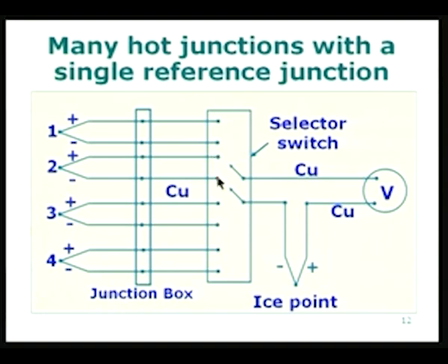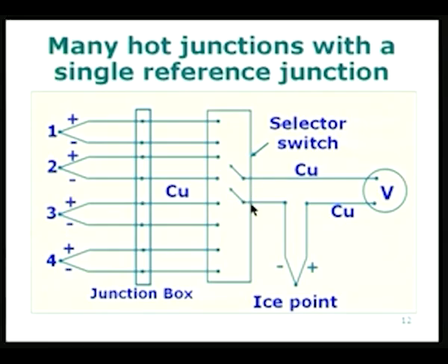Therefore, all these junctions are at the same temperature, these two junctions also. Then this is connected to one ice point reference, the minus plus here, again a copper wire and connected to the voltmeter.